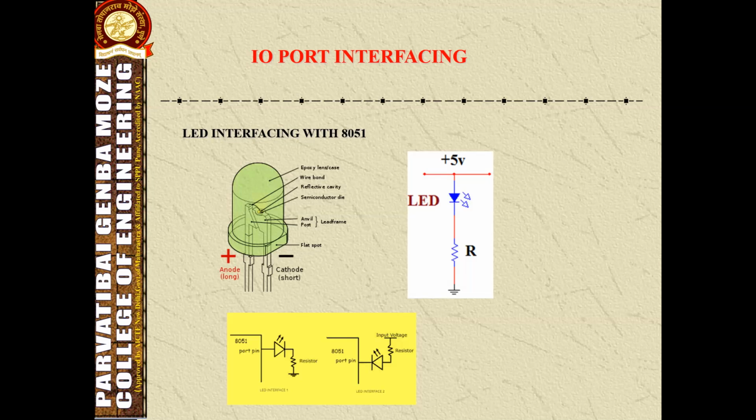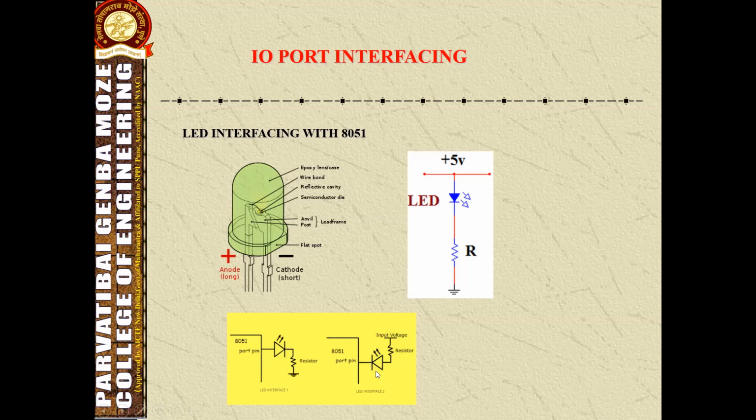The port pins are configured in the output direction. Once logic 1 is given at the output pin, the LED will be turned on. Now we have connected our 8051 to this. When will the LED glow and when will it not glow?